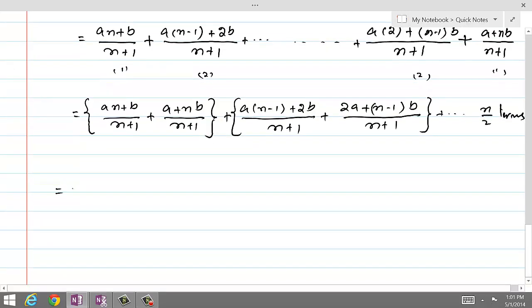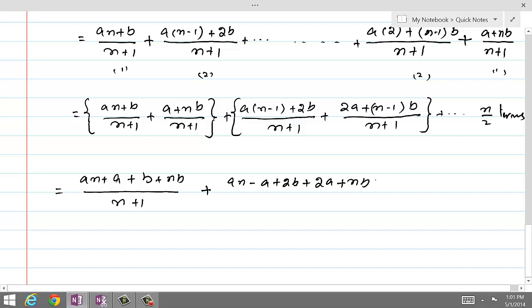If we simplify, n plus 1 is common in both, so this would be n plus 1 in the denominator, and the numerators will be added. This would be an plus a plus b plus nb. Similarly, here this would be an minus a plus 2b plus 2a plus nb minus b over n plus 1, plus so on, and the total number of terms would be n by 2.